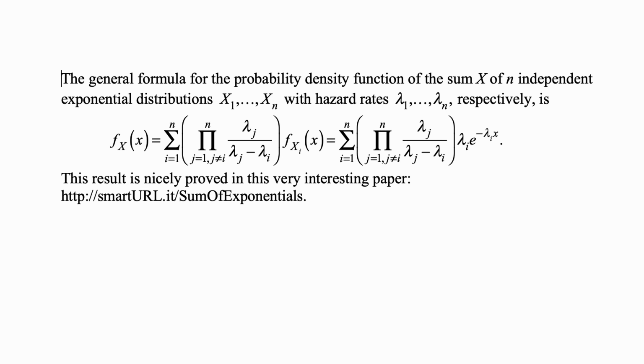And you can also write this as the sum from i equal 1 to n of the product from j equal 1 to n, but j not equal to i, of lambda j over lambda j minus lambda i, and the whole thing multiplied by lambda i times e to the minus lambda i x, because that's the PDF of xi, so that's f sub xi of x.